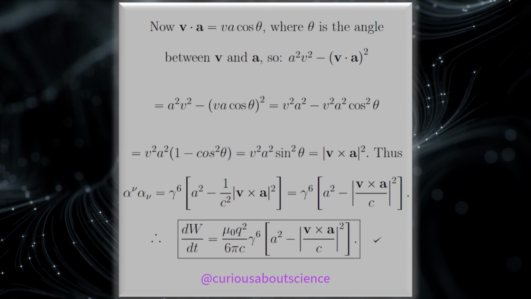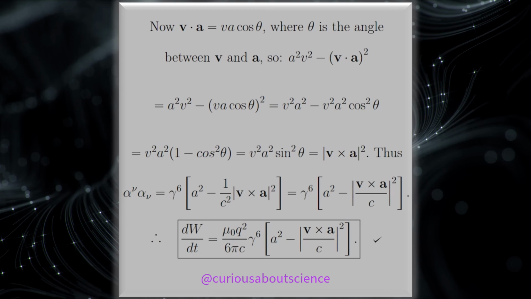Now that we have something in this form, where we have a square minus something else, cross products and their signs are always kind of nasty, so let's force this thing through. After some clever manipulation in hindsight, what we say is that v dot a is equal to va cosine theta, where theta is the angle between v and a.